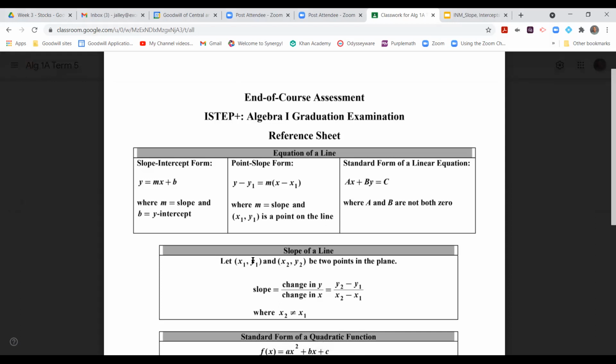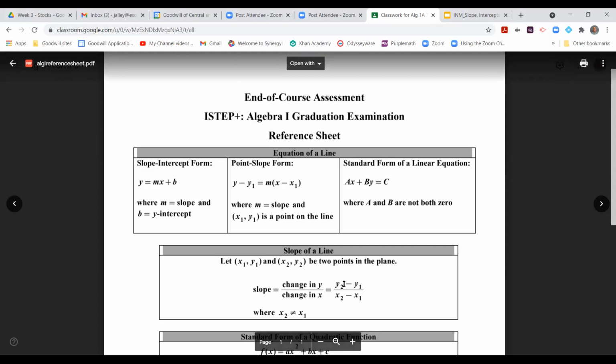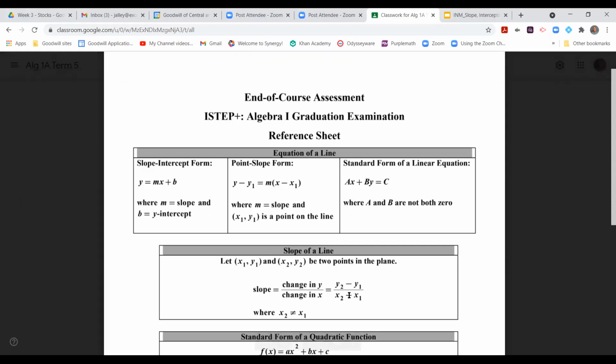But it's just an identifier. And so this little calculation here, y2 minus y1 over x2 minus x1, is a way to find the slope when all you have are 2 points. That's another one of the ways we define slope, with that little calculation.